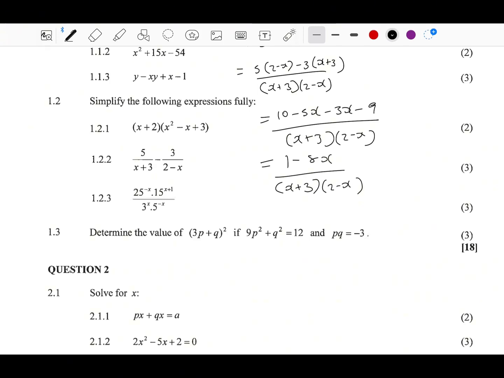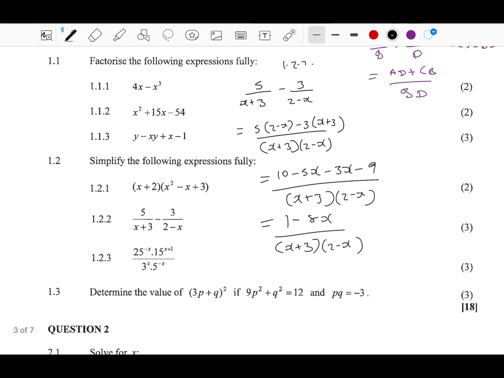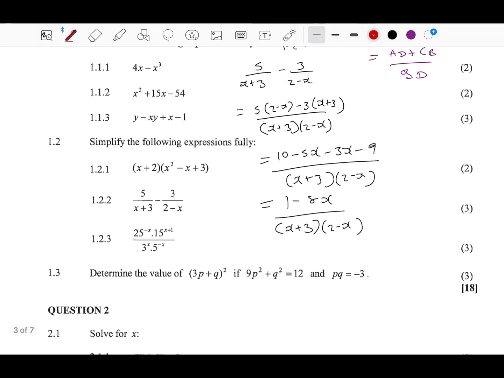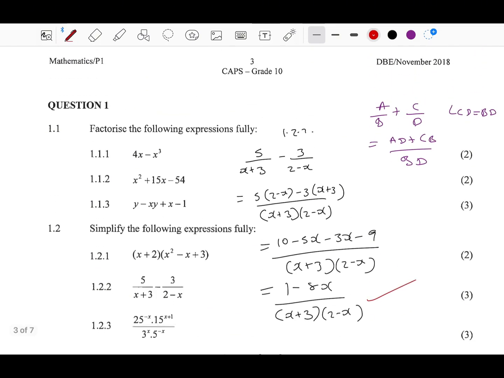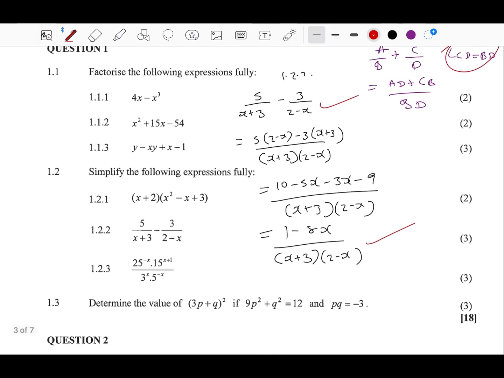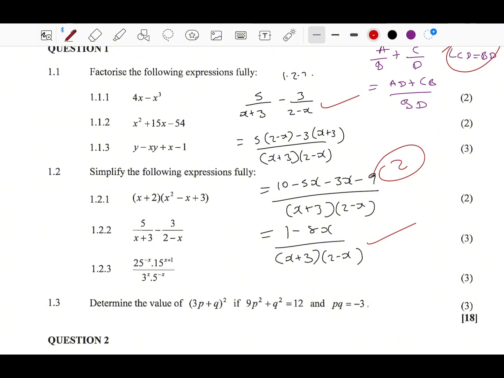Boom, that's your final answer. You've simplified, right? And here you get your mark for your answer, and you get marks for doing this, just finding the LCD essentially. So that's 2 marks, and that's basically what you want to test here.